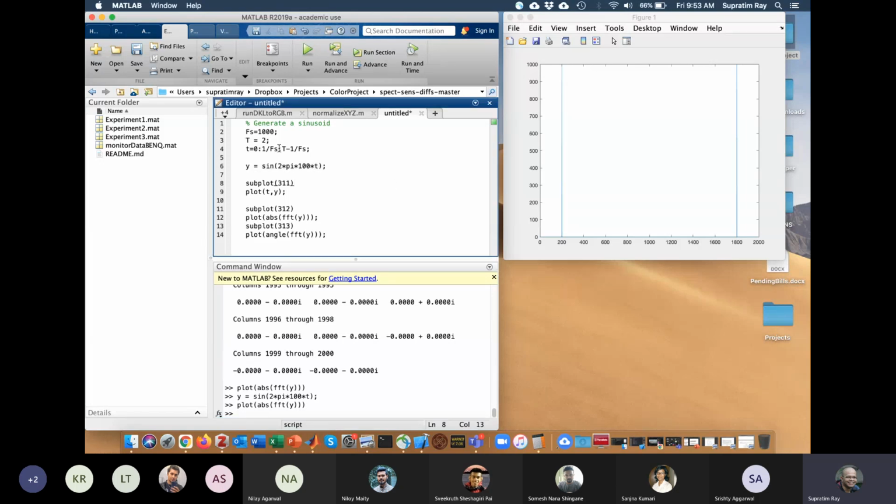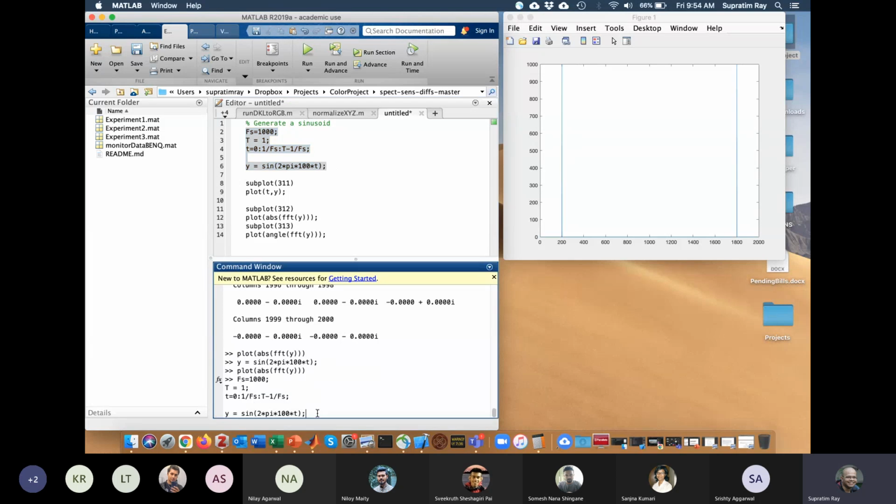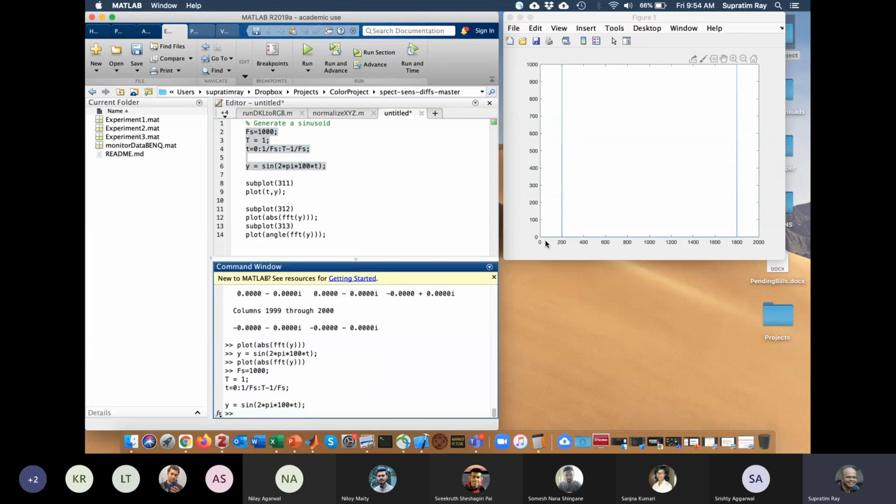If I had taken a 1 hertz signal, a 1 second long signal, so this is a 1 second long signal. Remember now this 0 to 2000 here, 2000 data points are sampling essentially 0 to 1000 hertz.